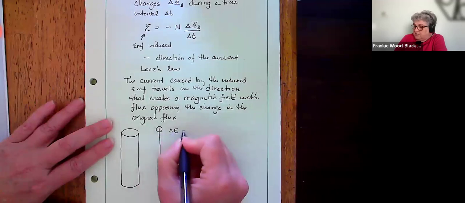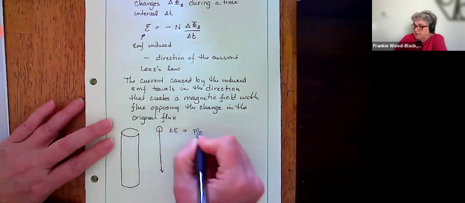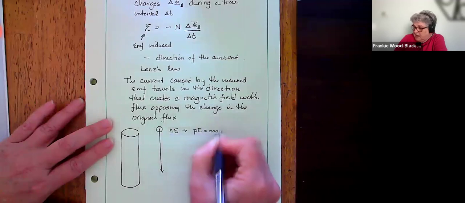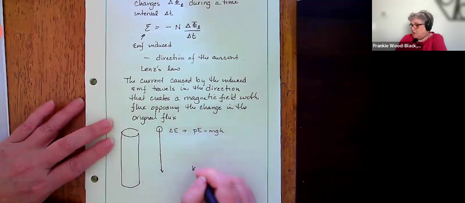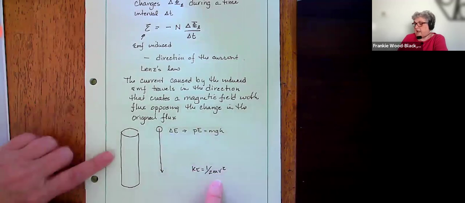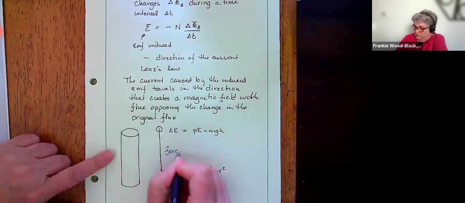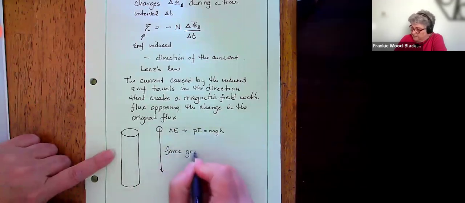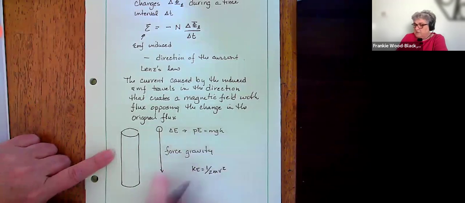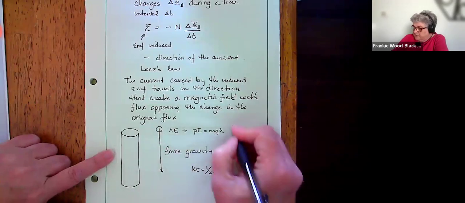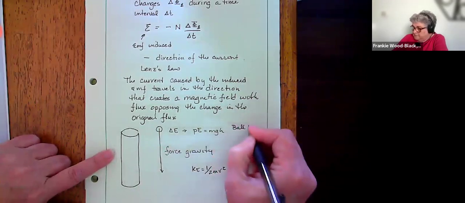Our potential energy was mgh, and at the bottom it's all kinetic energy, which is 1/2 mv squared, and we can see that the force that's being pulled down is our force due to gravity. So I just have a basic ball bearing.